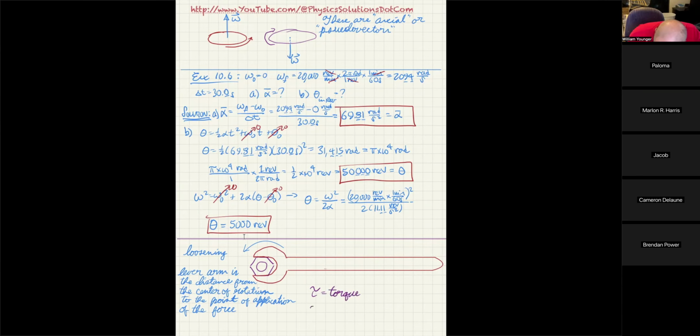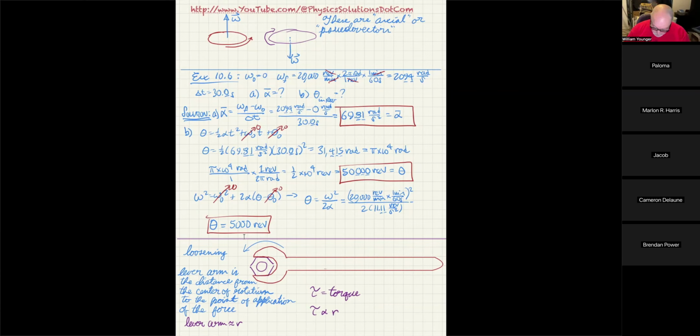okay, torque is directly related to R, and R is what we call the lever arm. And I'll say approximately R because really we picture it as a vector that points from the center of rotation to the point of application of the force. So I'm saying the distance, the magnitude is sort of the lever arm when in fact it's the whole vector.